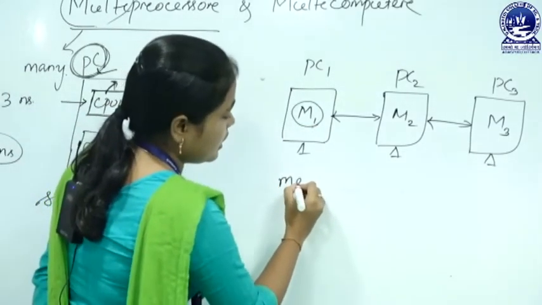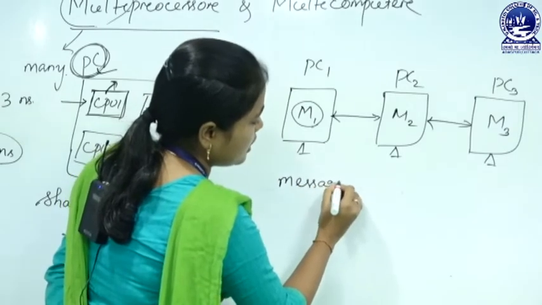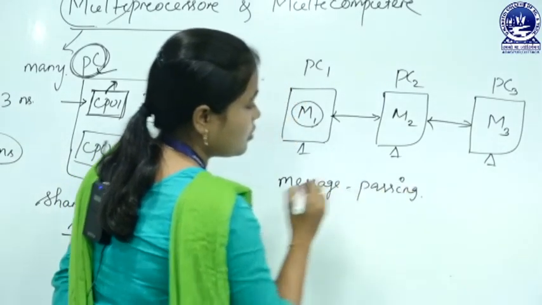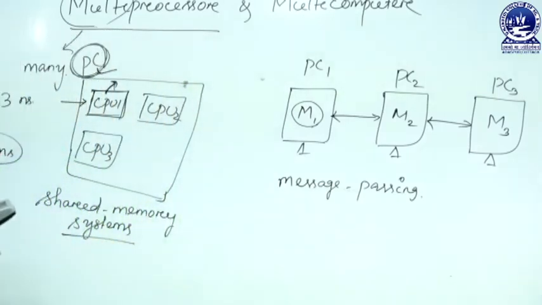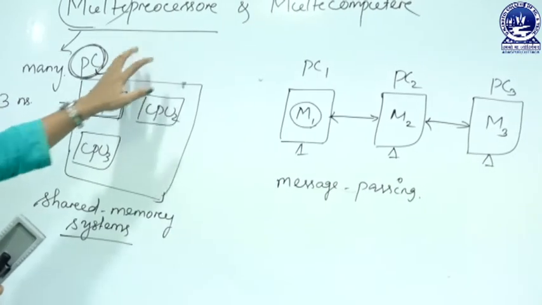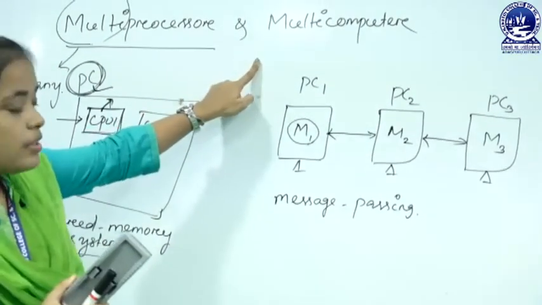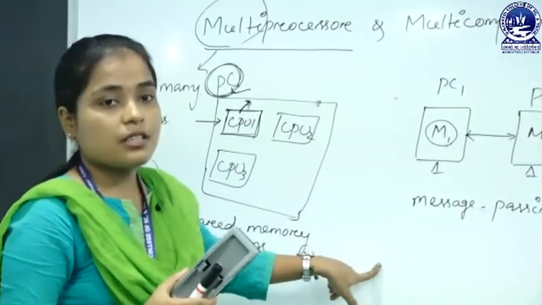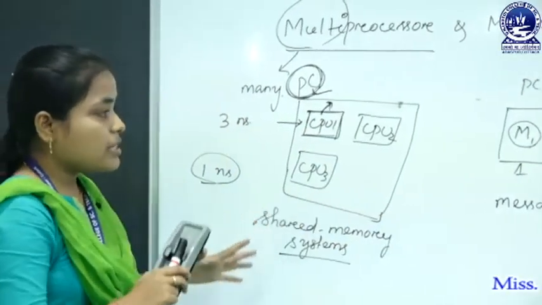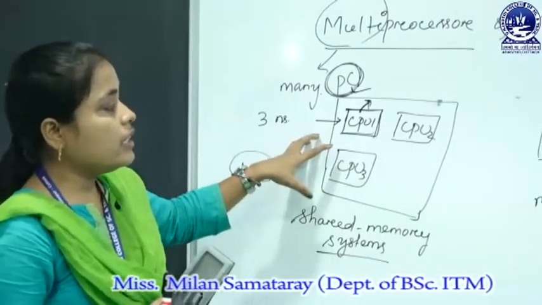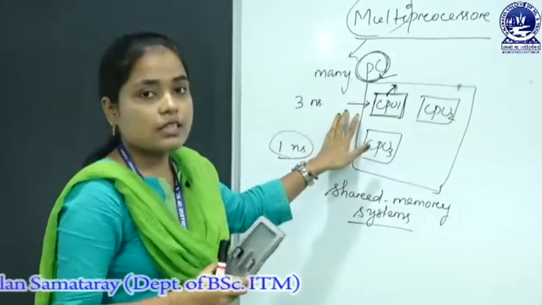They will communicate by using a concept called message passing. Okay. So, this is a basic difference. In multiprocessor computers, we use the shared memory concept, and in multi-computer systems, we use the message passing concept to establish the communication between the processors basically.